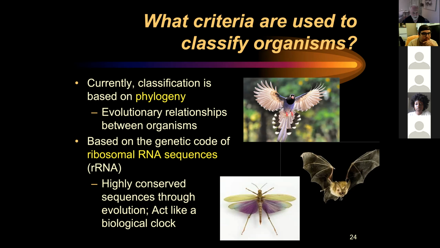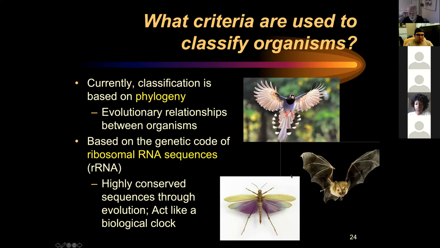Classification is now based on what's called phylogeny, which is the evolutionary relationships between organisms. And how do we track evolution? We track it by ribosomal RNA sequences. And I'll tell you how that's done in a little bit.